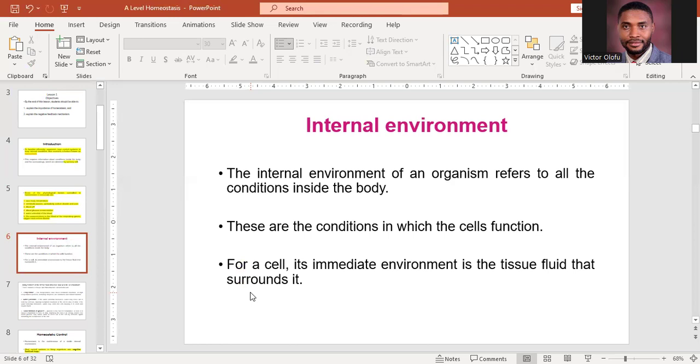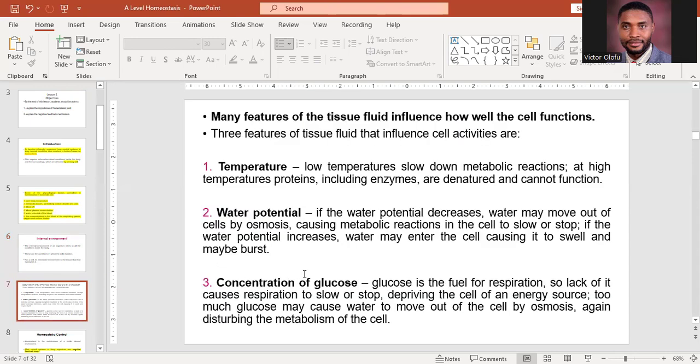The cells exist in a fluid called the interstitial fluid, or the intercellular fluid, or the tissue fluid. So the cells exist in the tissue fluid. The composition of the substances in the tissue fluid that surrounds the cell needs to be regulated. Now, many features of the tissue fluid influence how well the cell functions.